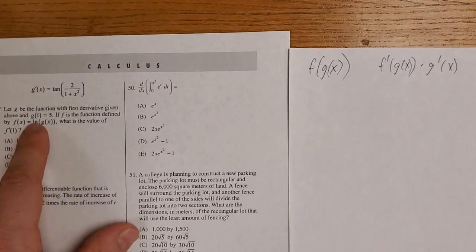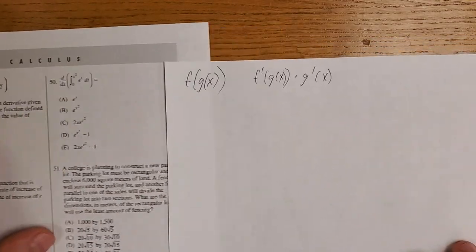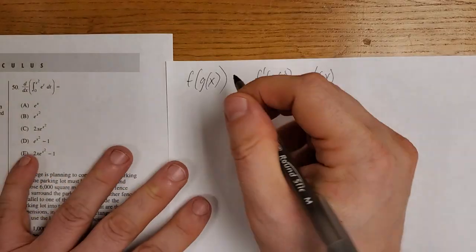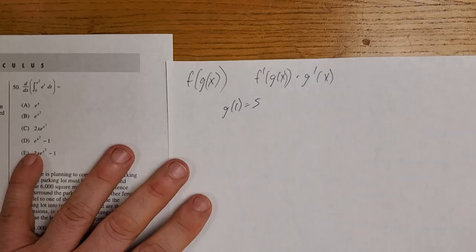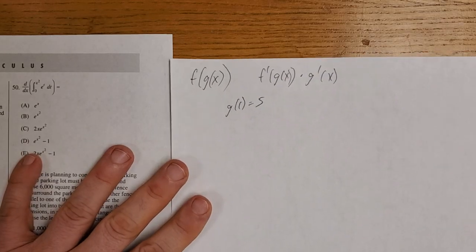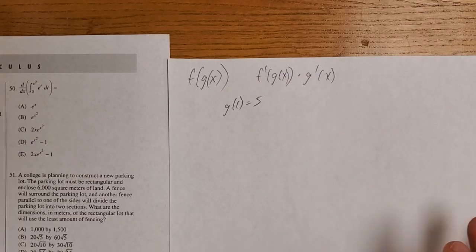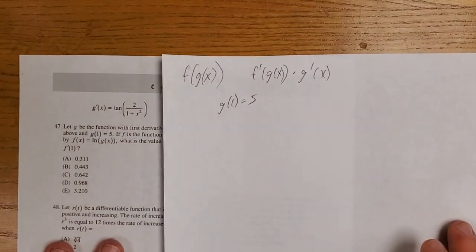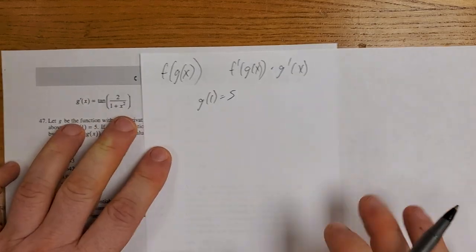So we already know that g at 1 equals 5, and we know that the derivative of g is this thing.